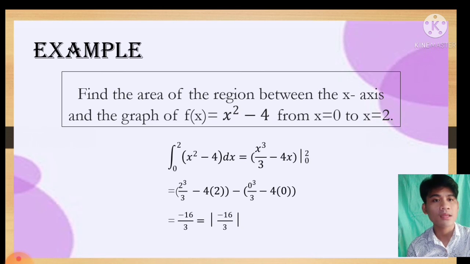And since we are finding the area here, we need to take the absolute value of negative 16 all over 3. And we came up with the final answer, considering the definite integrals, which is equal to 16 all over 3 units squared, since we are asked to find the area between the x-axis and the region.